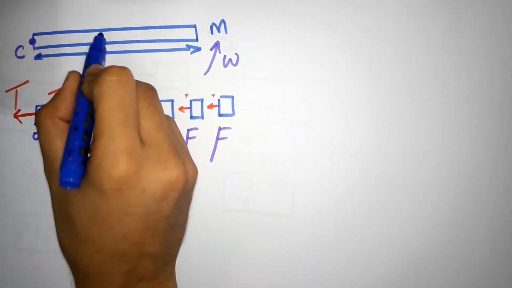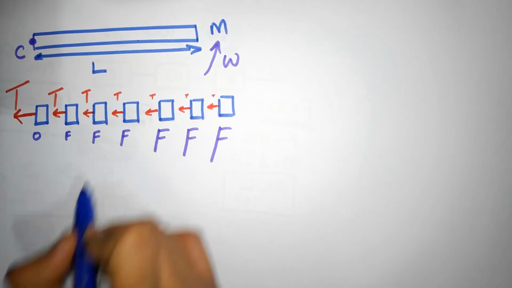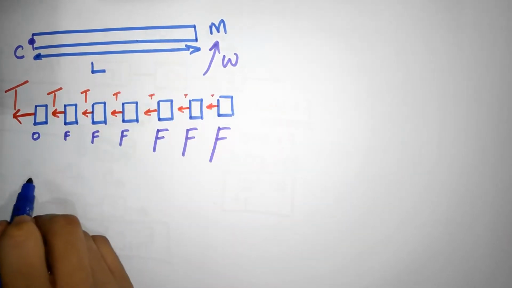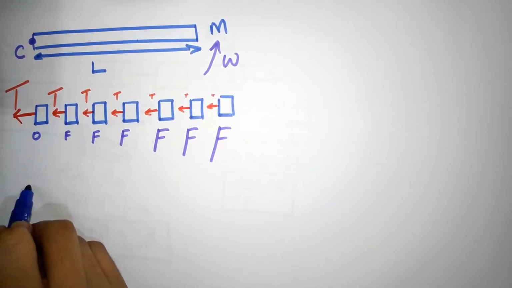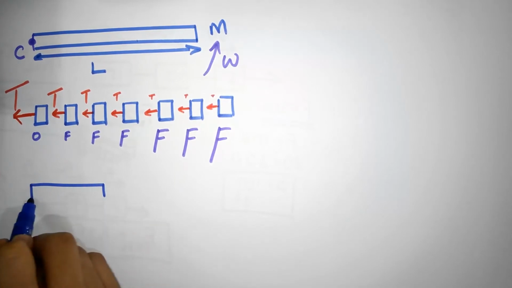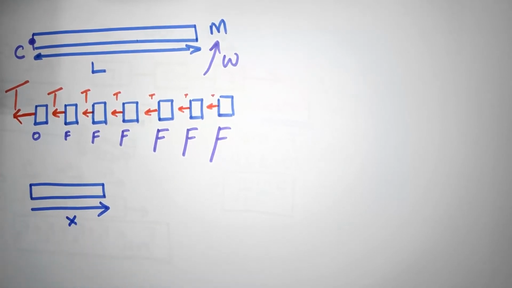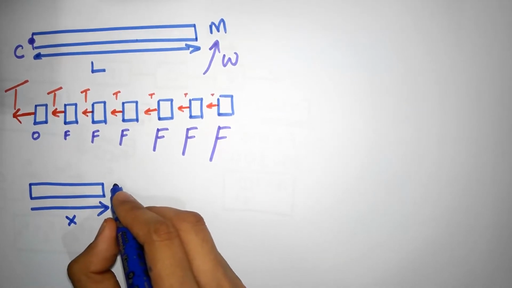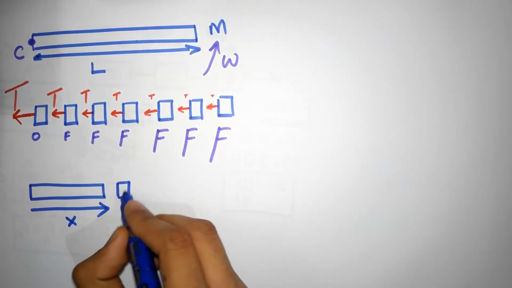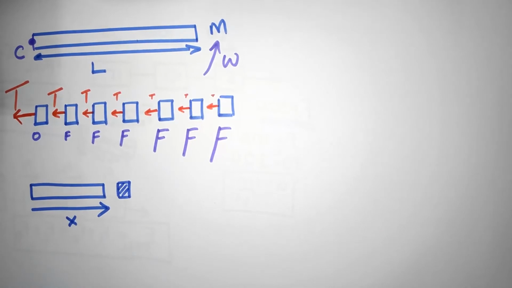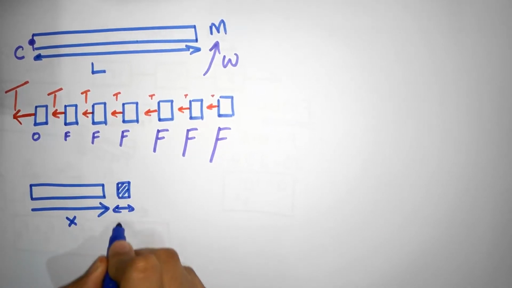So I'm gonna go to some random distance x and I'm gonna calculate what the tension is in general. Okay? So let's say I go to some random distance x at this point, and I'm gonna break out one small chunk now. I'm gonna concentrate on that chunk, and that chunk has negligible thickness.